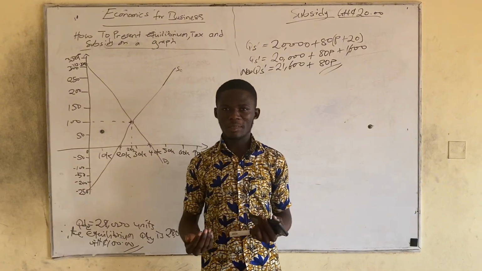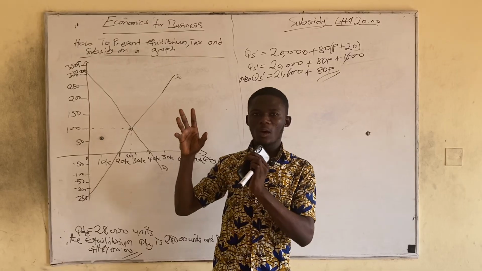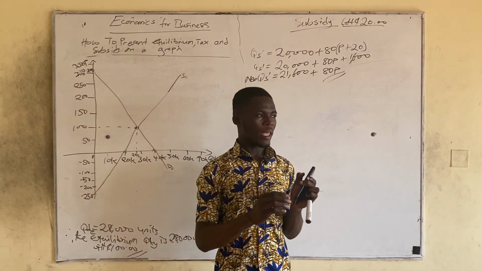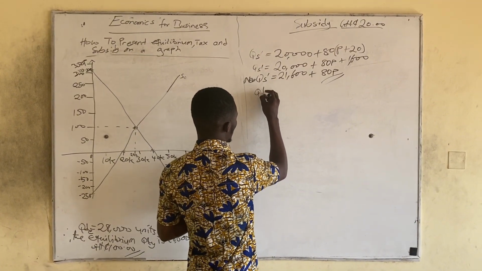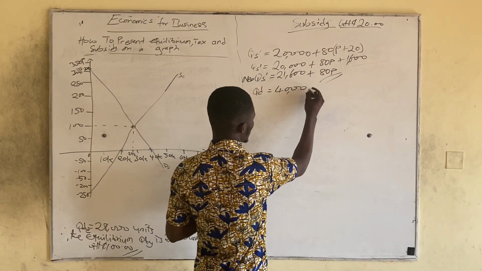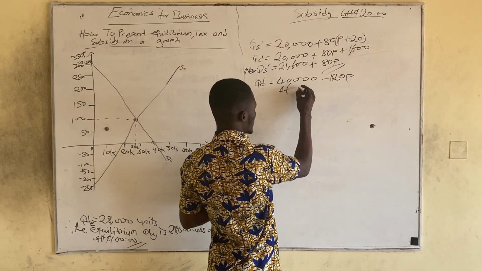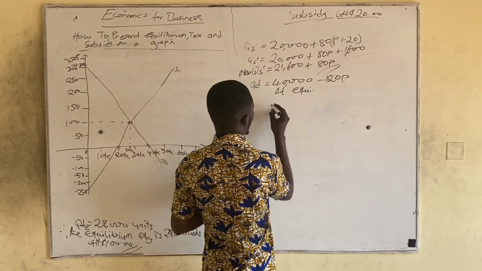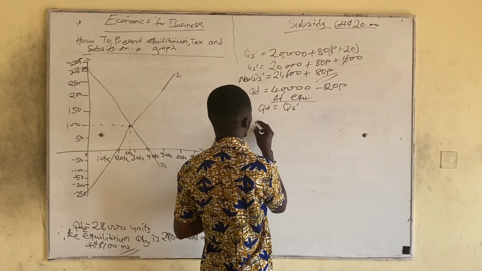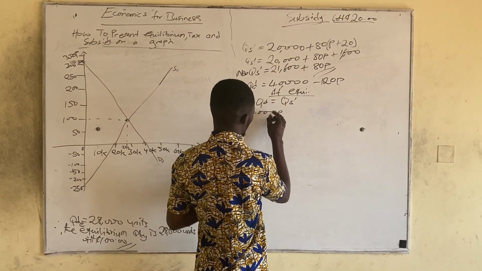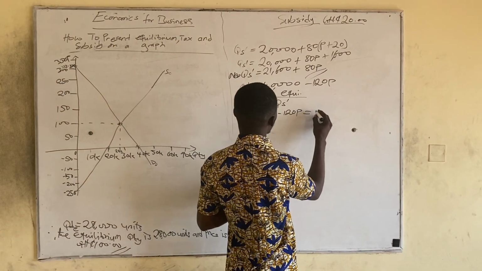So we need to look at how the demand curve will look. Will it be affected or not? Our quantity demand was 40,000 minus 120p. At equilibrium, our quantity demand will be equal to the new quantity supply.